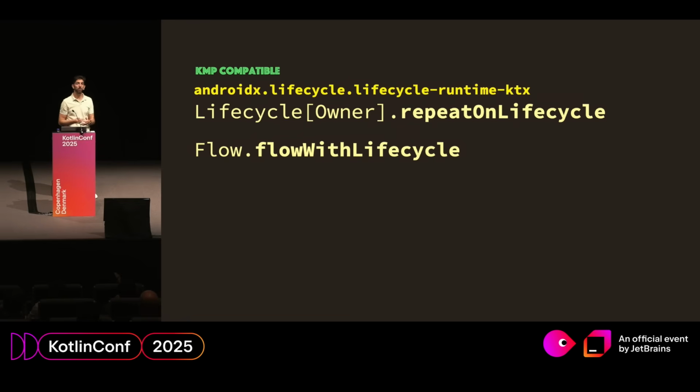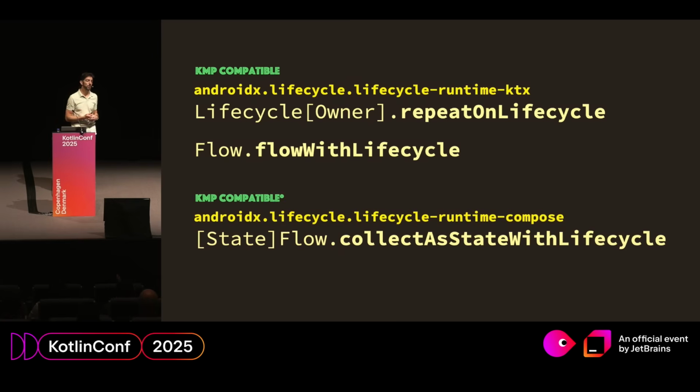Then we have the flow operator flowWithLifecycle, which does something very similar in a different setting if you need it. And in Jetpack Compose, we have collectAsStateWithLifecycle, which is also an extension function on both StateFlow and Flow. All of these APIs are Kotlin Multiplatform compatible. There is a small caveat with collectAsStateWithLifecycle that I will tell you in a second.